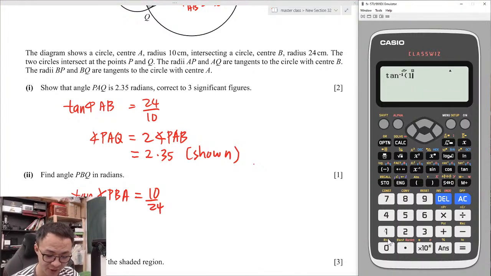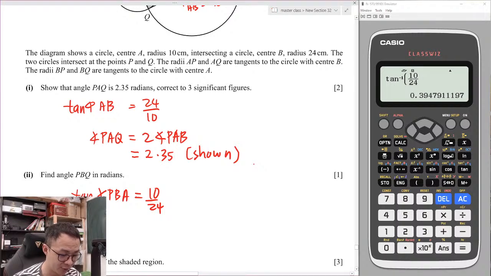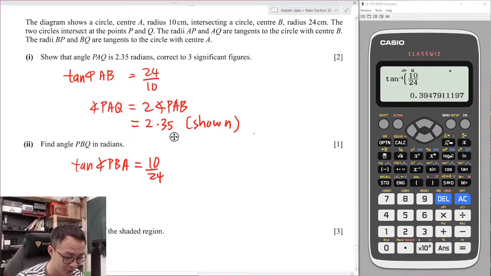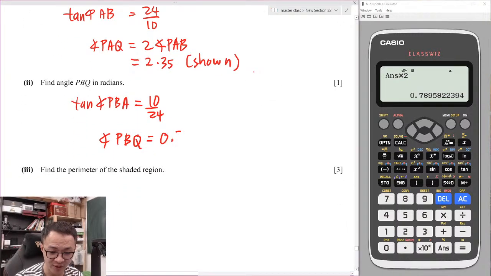Shift tangent 10 over 24. Drawing the angle is fine. Angle PBQ equals times 2, 0.79 radian.